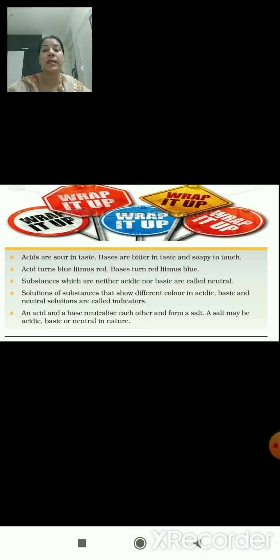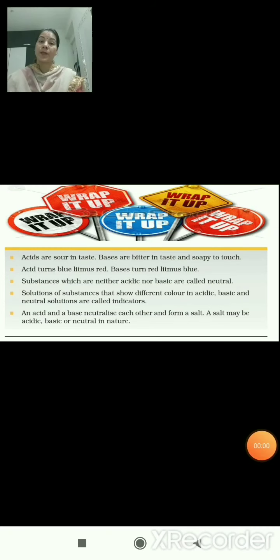Then you also studied about some bases. The substances which taste bitter and feel soapy on touching are known as bases. The nature of such substances is said to be basic. Special types of substances are used to test whether a substance is acidic or basic in nature, because every time you cannot taste a substance to check whether it is acidic or basic.